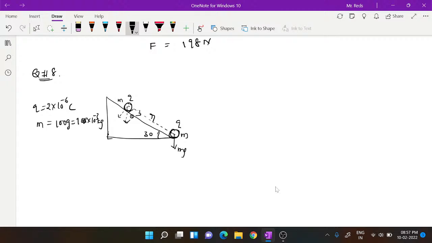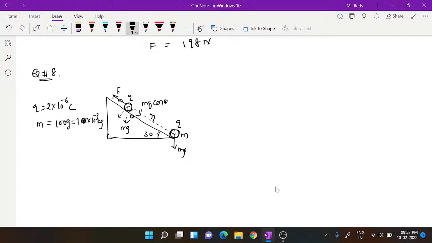Mg cos theta is acting in this direction. Because these two have the same charge, they are repulsive, so it will repel this. Because of this, a repulsive force F acts on this.